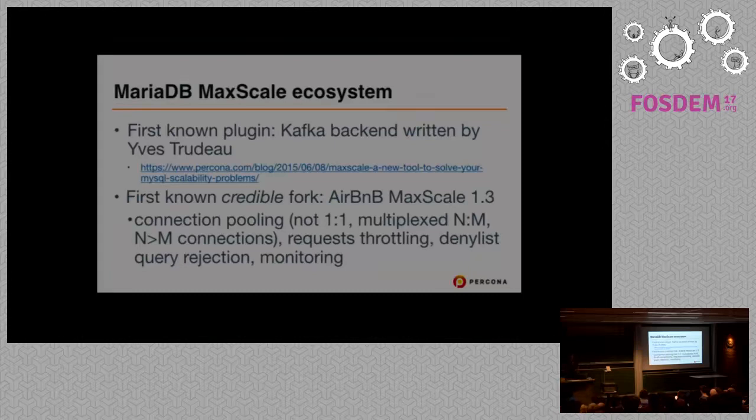Generally speaking, if a client completes a successful authentication with a backend MySQL server, Airbnb MaxScale will then serve the link between the backend connections and the client connections and park it in a connection pool of the backend server. Now, denylist query rejection was quite important for them, because sometimes they use Ruby, and the Ruby VM will crash.